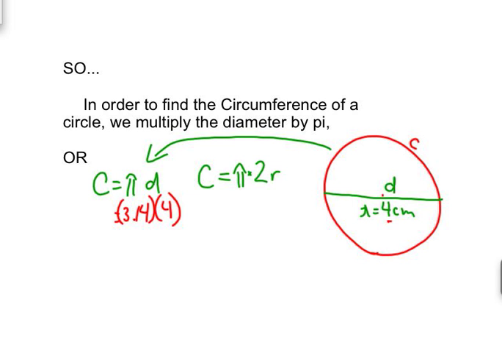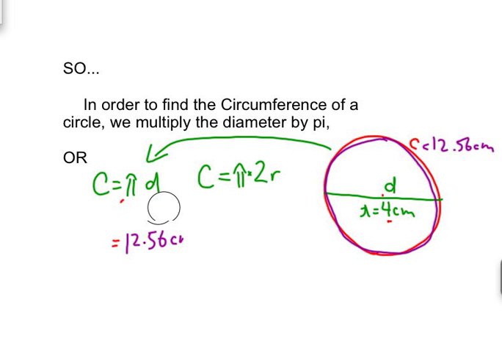We have 2 numbers next to each other, without any sign between them, so it means multiply. 3.14 multiplied by 4 is equal to 12 and 56/100 centimeters. So if you were to take a piece of string or a measuring tape, and go all the way around and measure the red and purple line there, it would equal 12.56 centimeters.